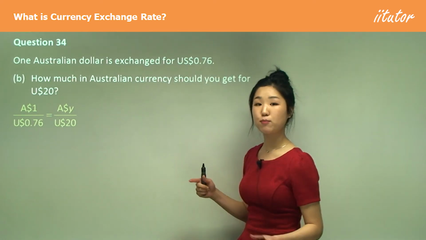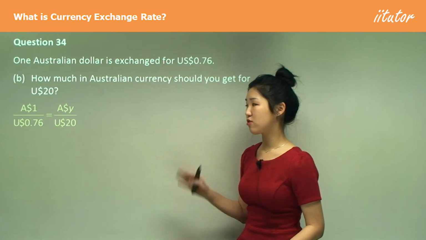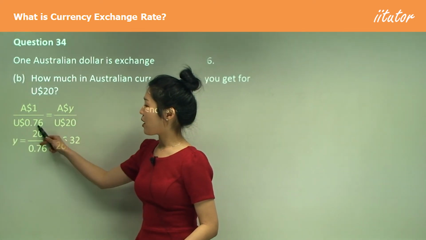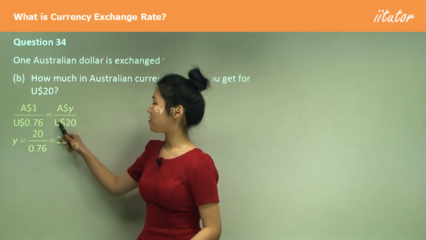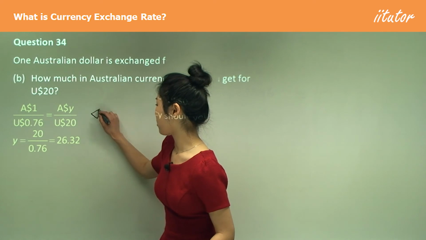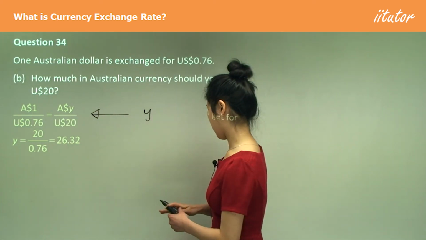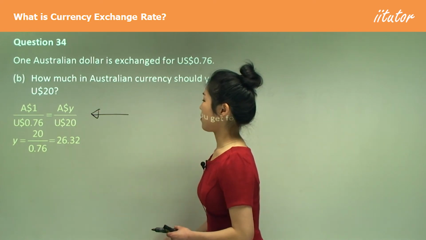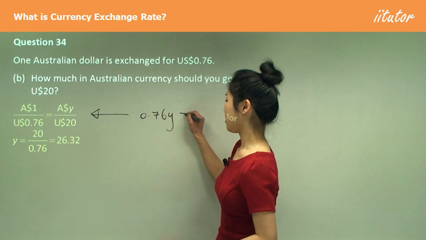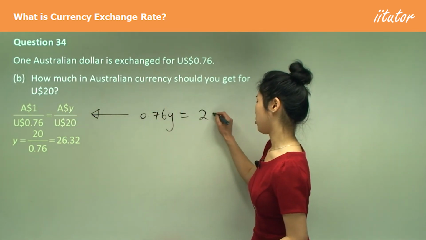It must be corresponding. Just cross multiply. Yes, you can get rid of all your units. Just work with the numbers. So we can say Y times 0.76 is 1 times 20, and here I just made Y the subject. If you want me to do it for you, I'll show you. 0.76Y equals $1 times $20, which is just 20.